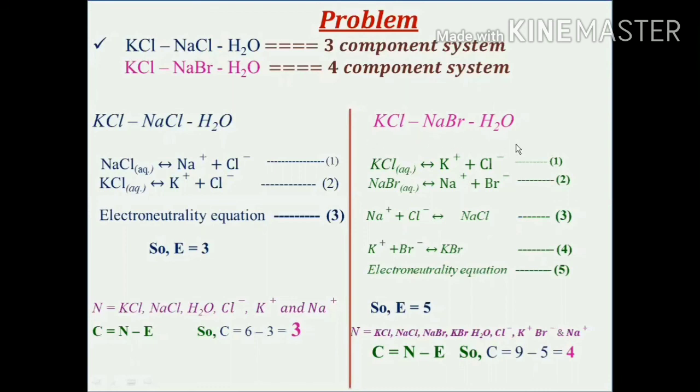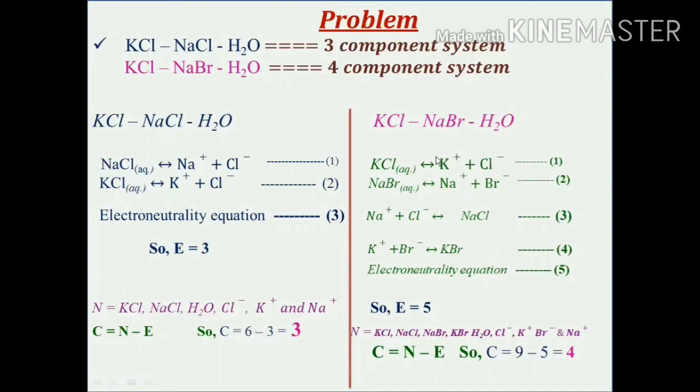This is what I need to check before finalizing the number of equations, right? So I have potassium ion in the products and I have chloride ion. If potassium combines with chloride, it will give me KCl, which was already present in the system. So I don't need to bother about the combination of these two ions.